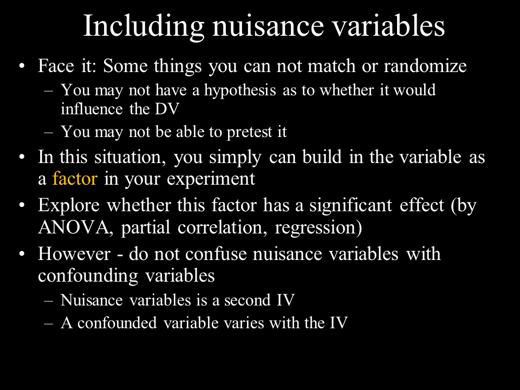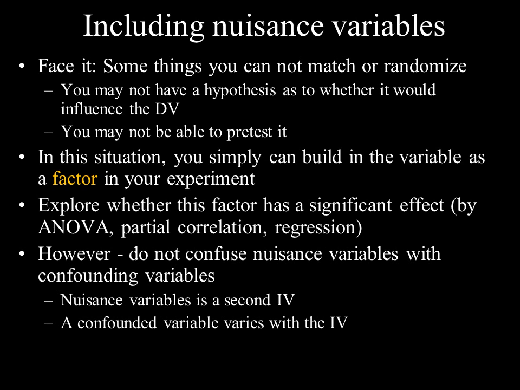Now, another thing that you can do is, instead of matching subjects, keep track of various aspects of the subject. So keep track of their gender, their ethnicity, their year in college, and you can include that in your analysis later on and see if that makes a difference. In this situation, you don't really have a suspicion that a particular factor that subjects come into the experiment with affects the dependent variable, but you think that it may.